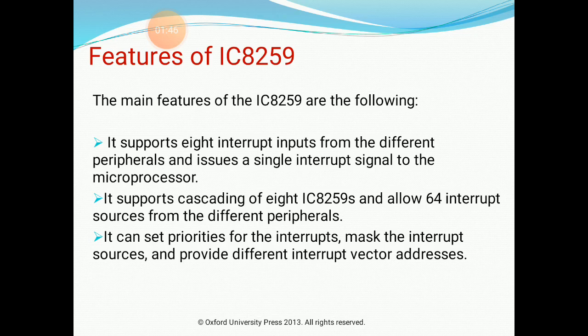It can set the priority for the interrupts, mask the interrupt sources, and provide different interrupt vector addresses. So a single IC can allow 8 interrupts from 8 different peripherals. If 8 ICs are cascaded and connected with one IC, it can allow 64 interrupt sources.